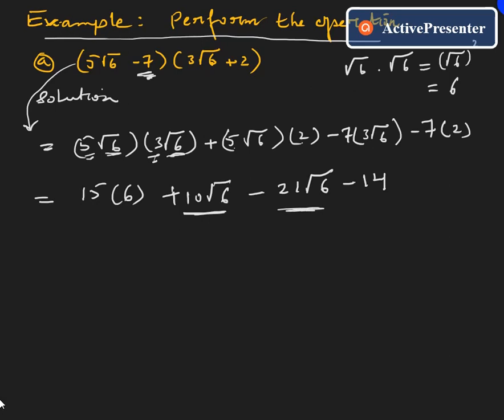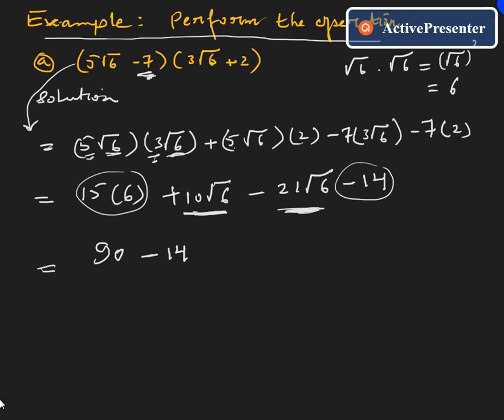So we have 2 radicals and we have 2 constants. These two, 15 multiplied in 6 is equal to 90, and then minus 14 together. Plus 10 multiplied the square root of 6 and minus 21 multiplied the square root of 6.